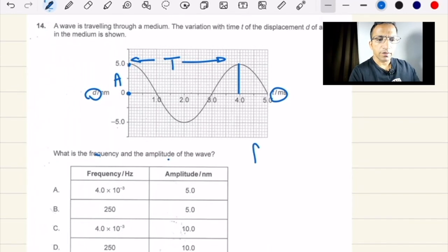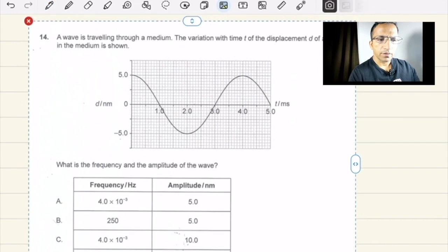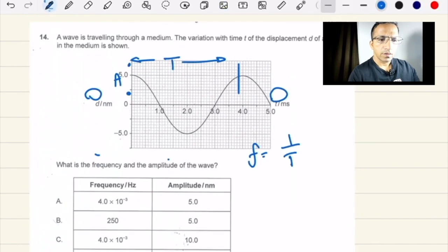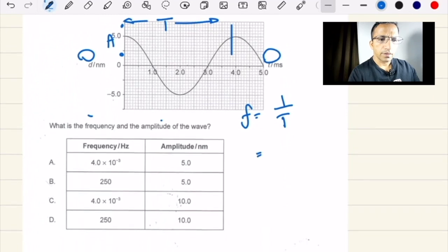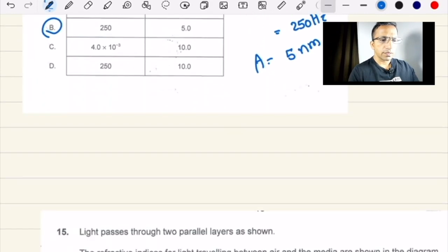So in this case, frequency is 1 over T. So that comes to 1 over 4 times 10 to the power of negative 3, 250 hertz. Amplitude should be obviously 5 nanometers. So answer for 13 is B.